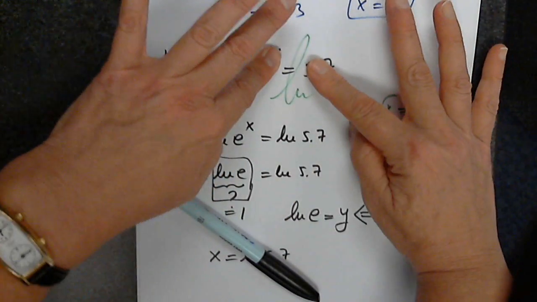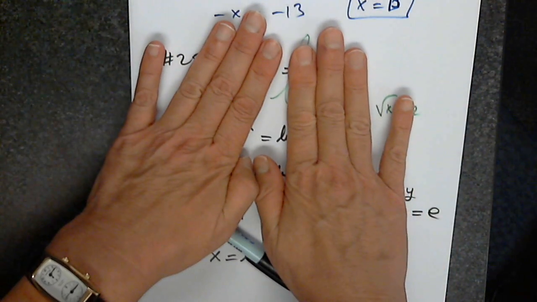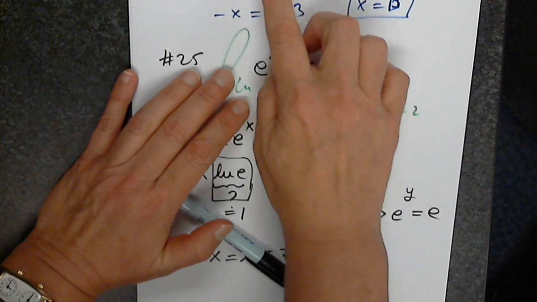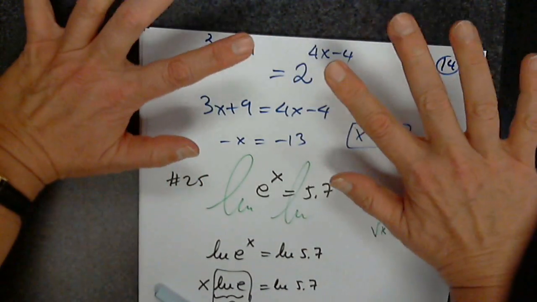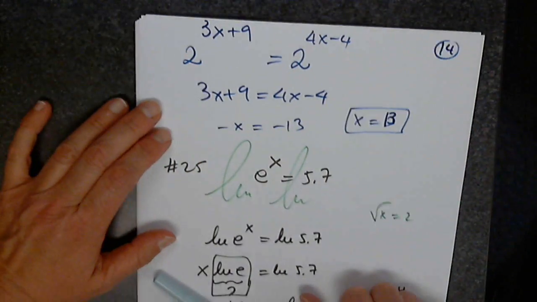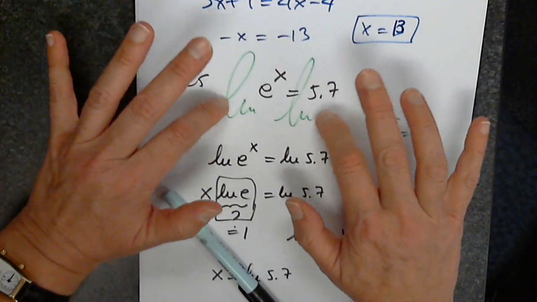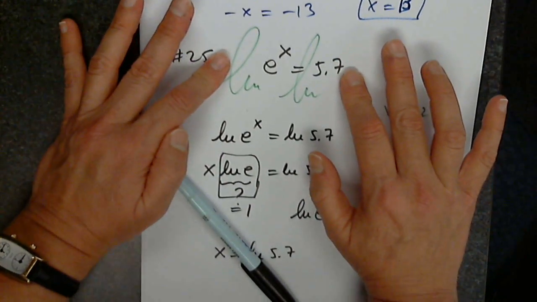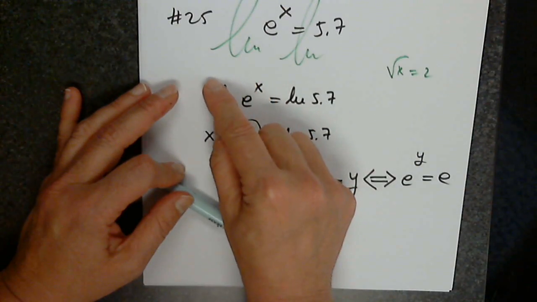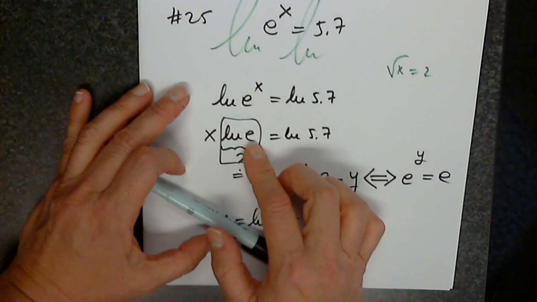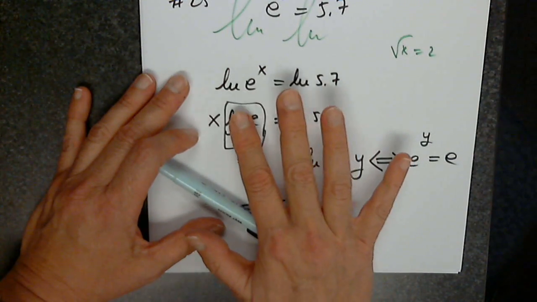If two numbers are equal, their logs will be equal. So like here, if two numbers are equal and they have the same base, their exponents have to be the same. If two numbers are equal, their logs will be the same. So I apply natural log to both sides, and then I'm allowed to bring x in front, so I have x natural log e equals this. Now the question is, how much is this?